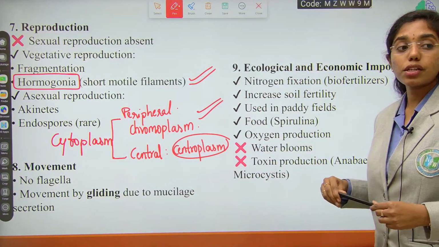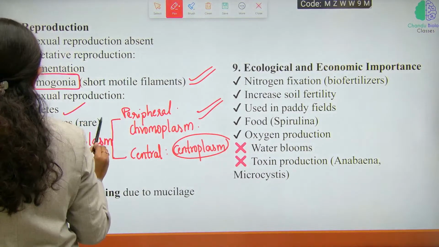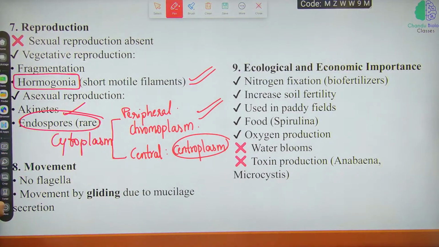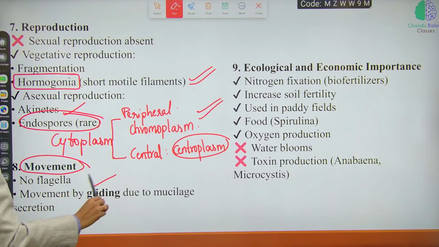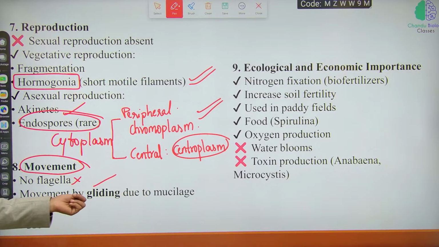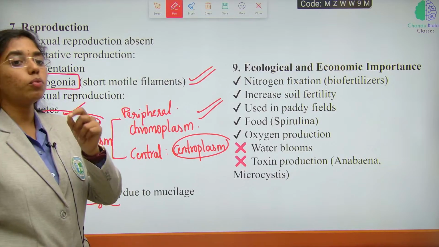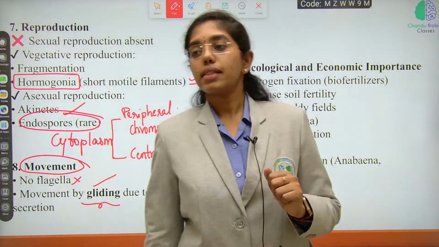Asexual reproduction is aided through akinetes and endospores. Endospores are very rare. Movement is usually gliding movement, as there is no flagella for BGA, like how a pendulum moves here and there.